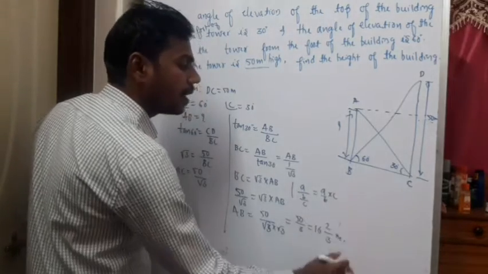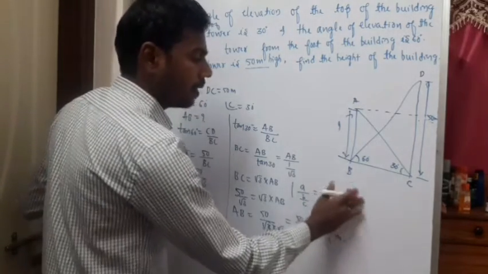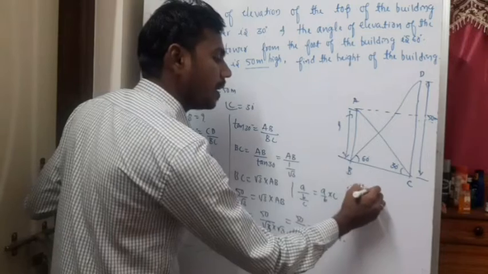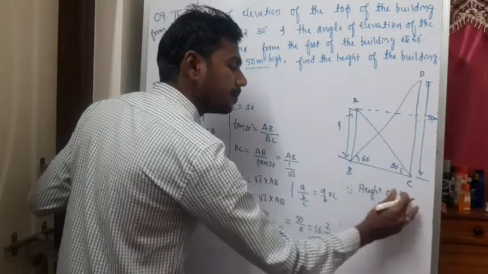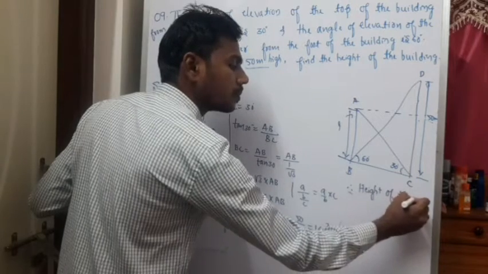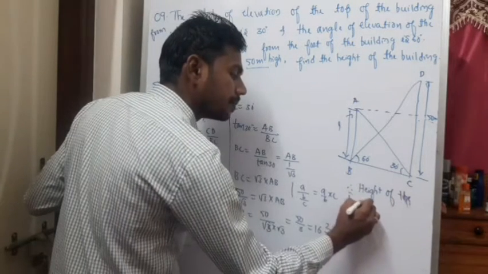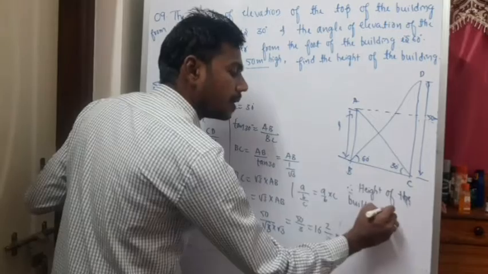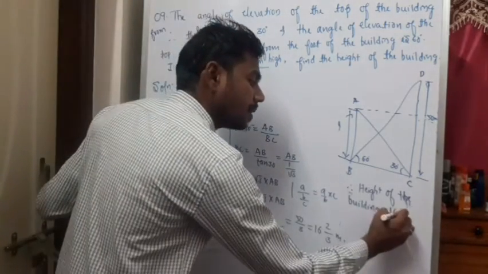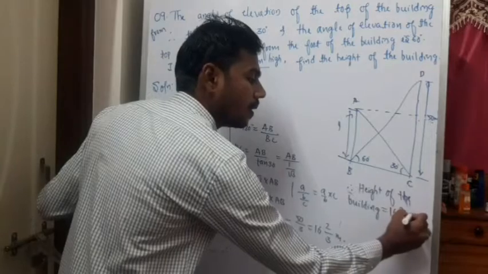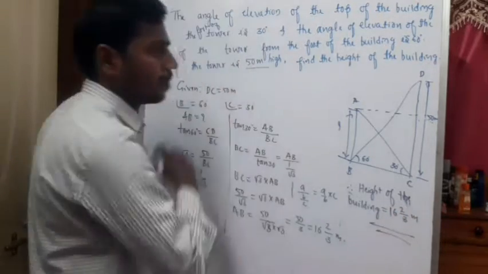So what we can conclude, therefore the height of the building is equal to 16 2 by 3 meter. Okay, so please note this term.